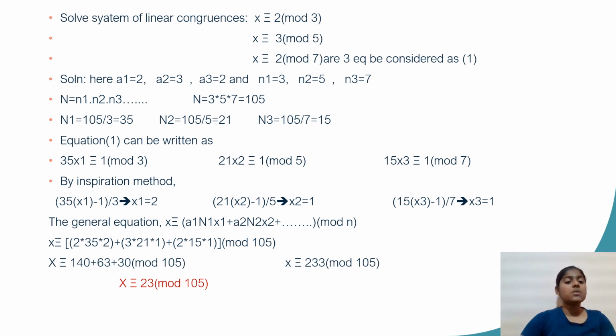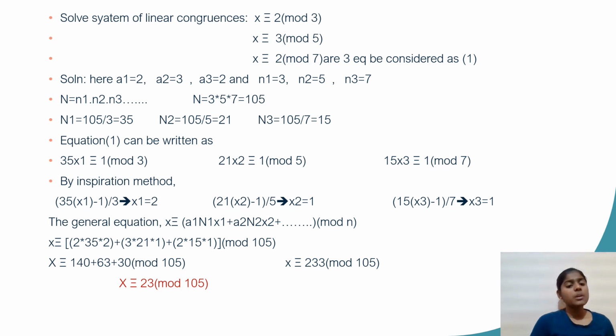Capital N1 equals 105 by 3 equals 35. Capital N2 equals 105 by 5 equals 21. Capital N3 equals 105 by 7, which equals 15. Then equation 1 can be written as 35x1 congruent to 1 in mod 3, then 21x2 congruent to 1 in mod 5, then 15x3 congruent to 1 in mod 7.